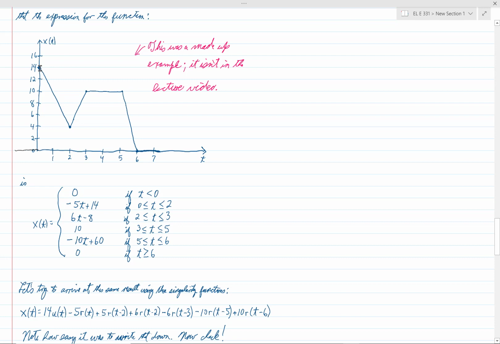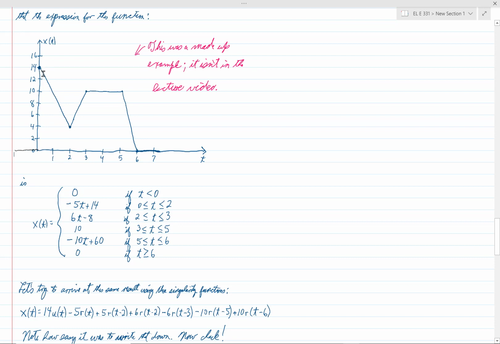Now, the only other thing that's happening here at t equals 0 is we see the beginning of a ramp going down. And all we have to do is figure out what the slope of this ramp is. And again, this is rise over run. Here's the point (0, 14), here's the point (2, 4).